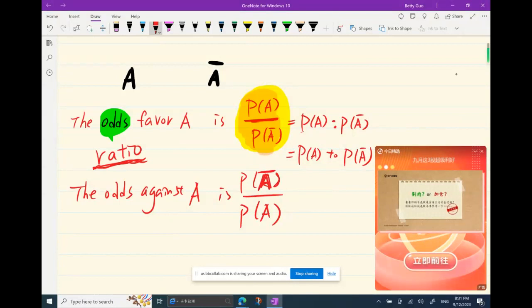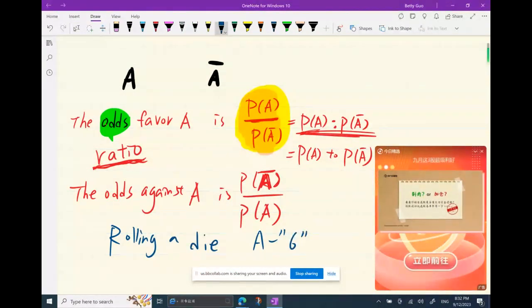You can write odds as a ratio in this format. I think we'd better give an example. Let's consider rolling a die. Let A be getting the number 6. What's the odds of getting number 6? When you go to a casino, they probably will not use the word probability at all. Even the whole mathematical branch, probability and statistics, originally came from the gambling industry.